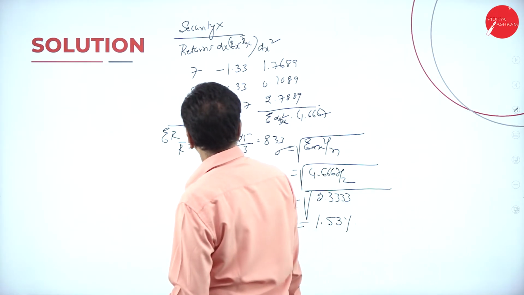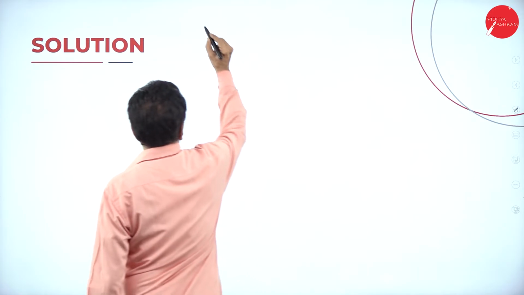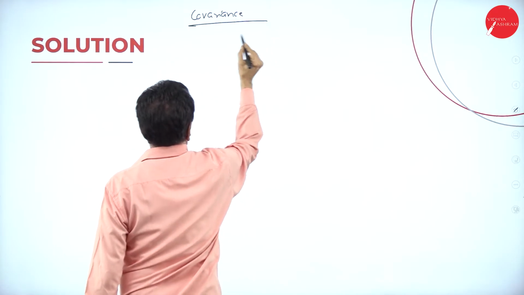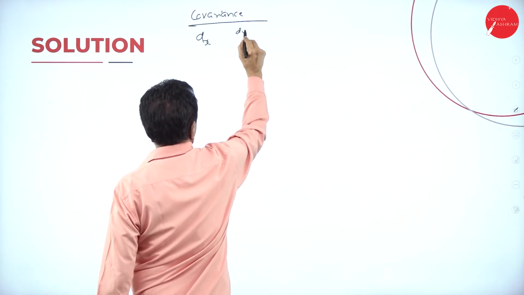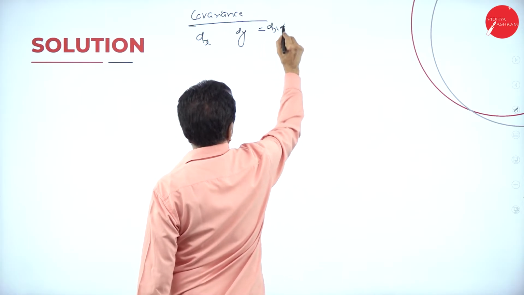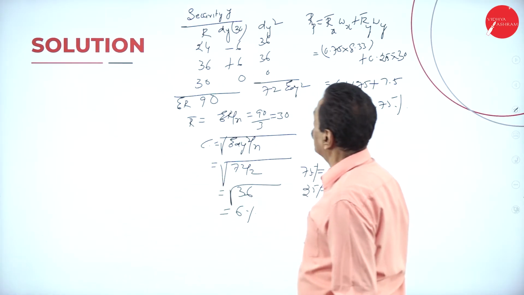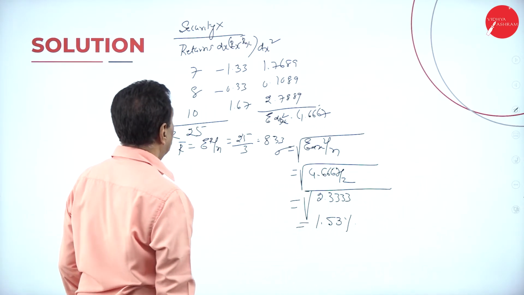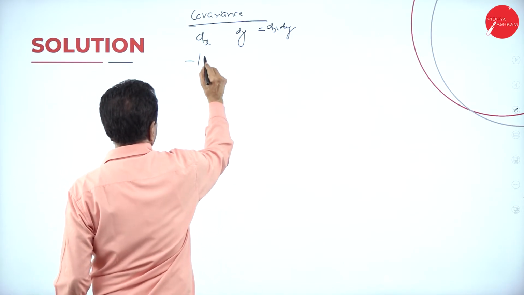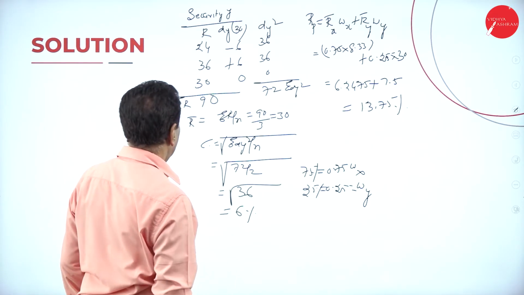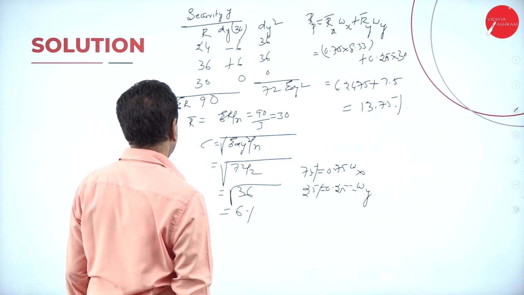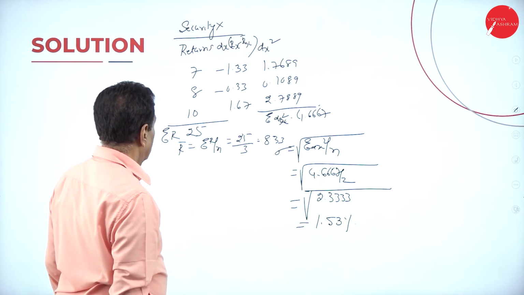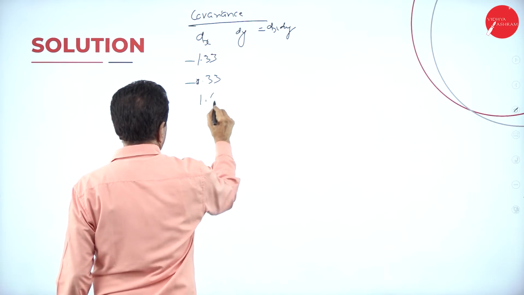Then what is required? Covariance, dx, dy. What is the deviation of x and deviation of y? Deviation of x: minus 1.33, minus 0.33, 1.67.